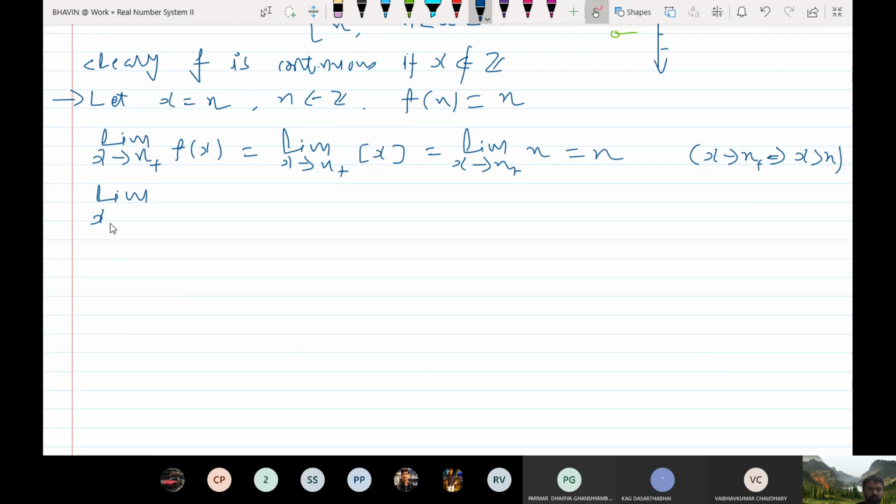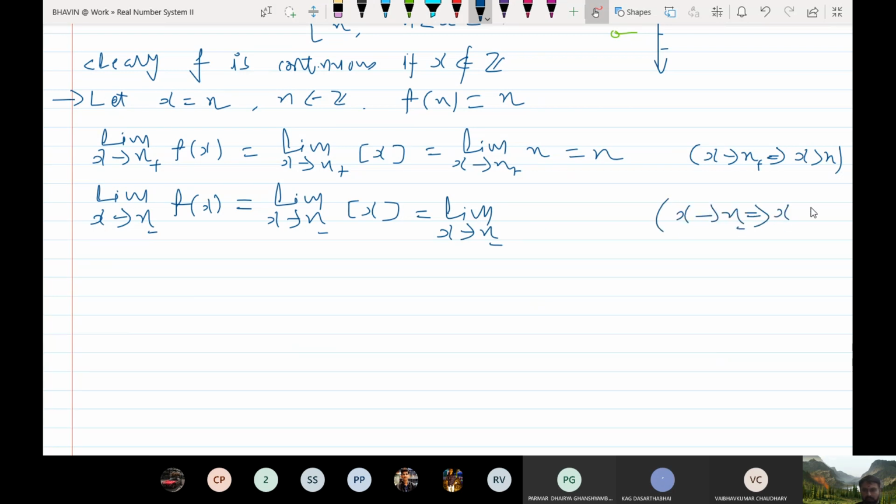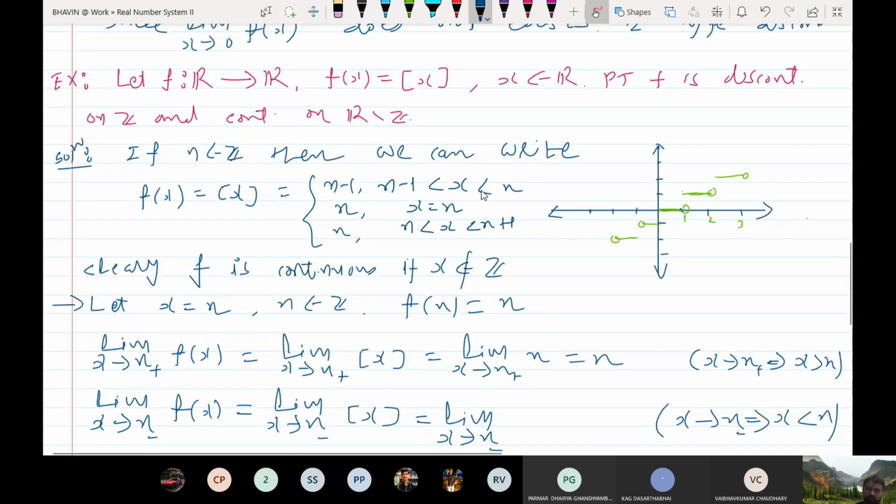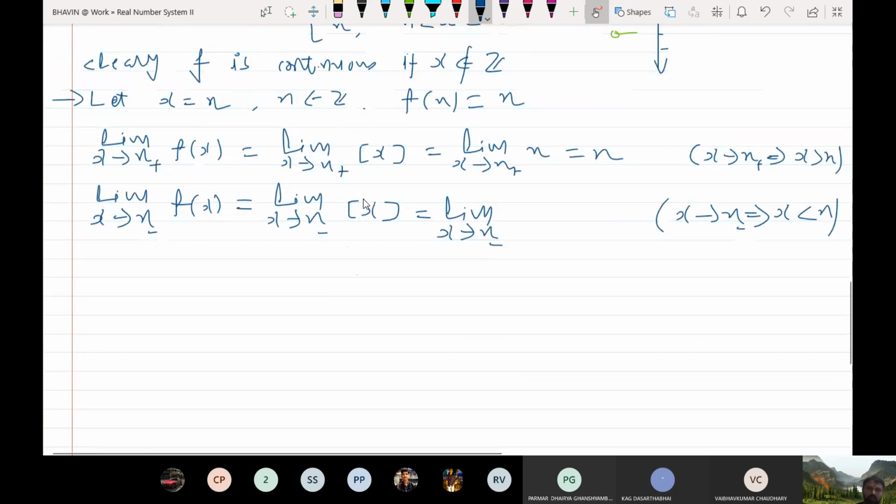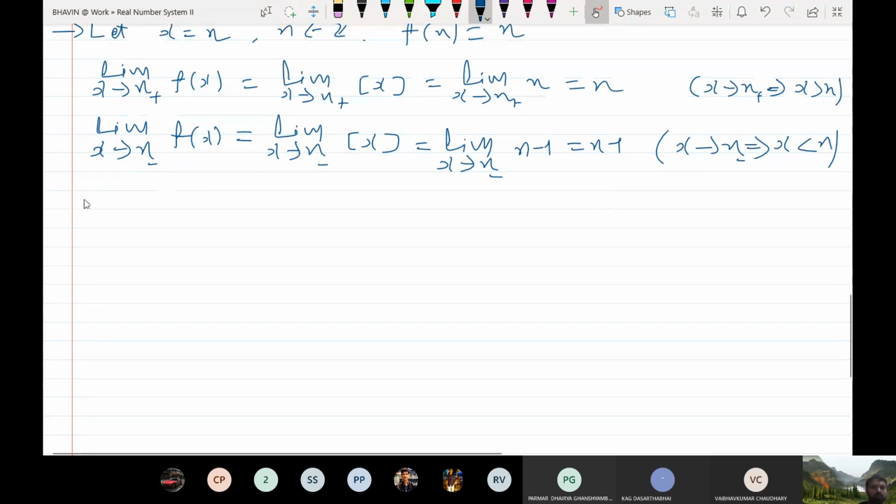Now the limit as x tends to n minus of f(x) is equal to the limit as x tends to n minus of box of x. Now x tends to n minus implies x is less than n. Now look at this definition. If x is less than n, the function has value n minus 1. So the limit is n minus 1. So now these two exist, but they are not the same.